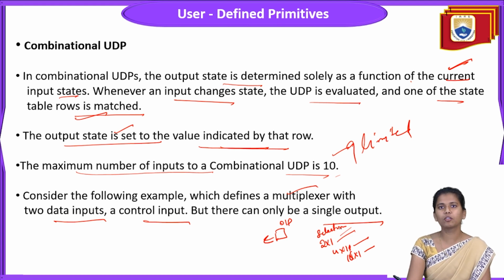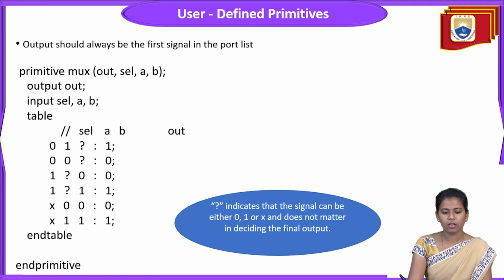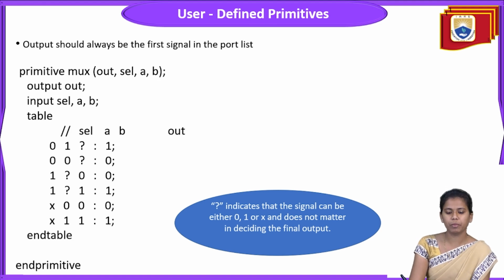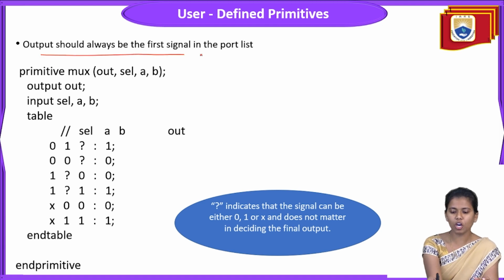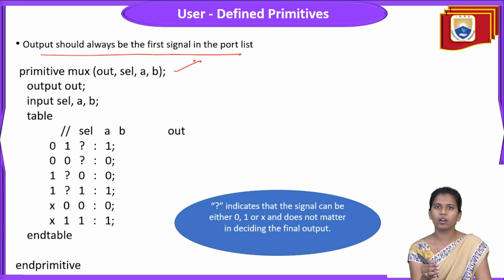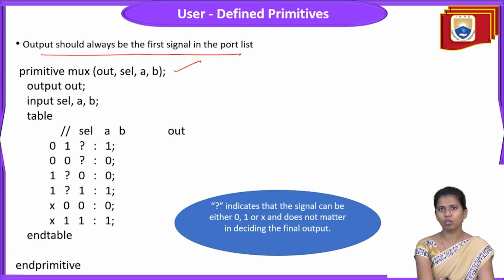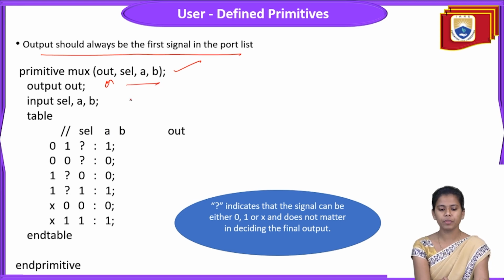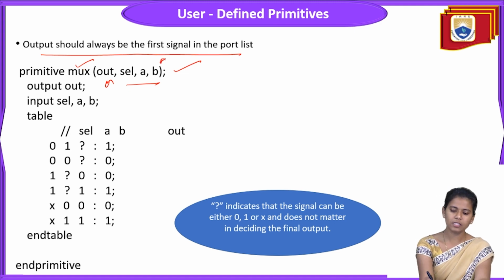In this particular combinational UDP, we will see the syntax with a multiplexer example. The output should always be the first signal in the port list. This is the same as Verilog syntax, where the output port is mentioned first in the port list and then come the inputs. Here, primitive is a keyword for user defined primitives, and the example I am considering is a multiplexer, mux, with a port list.